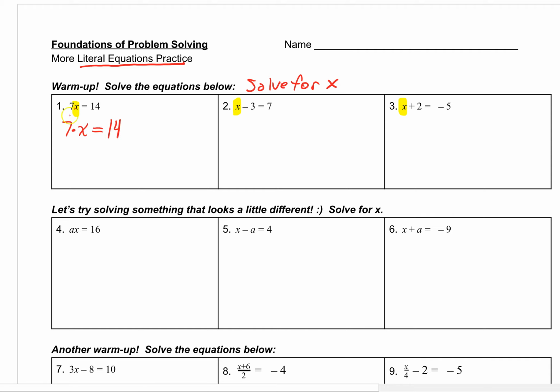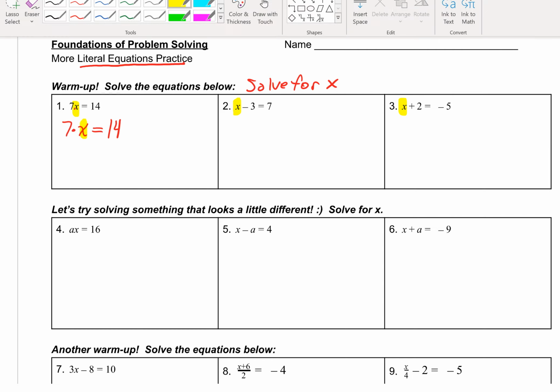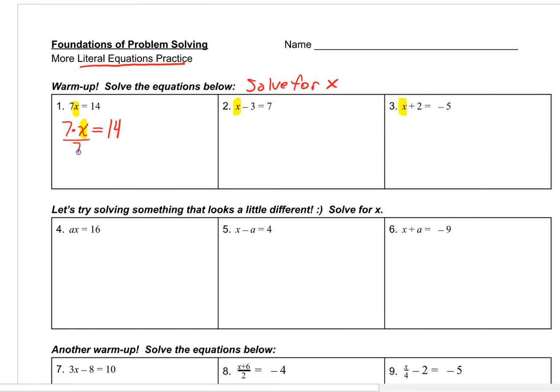Anytime a number is next to a variable, there is implied multiplication. If we want to get x alone, that's what it means to solve. We have to undo that multiplication of 7, and therefore we're going to divide by that 7. And 14 divided by 7 is going to be a 2.